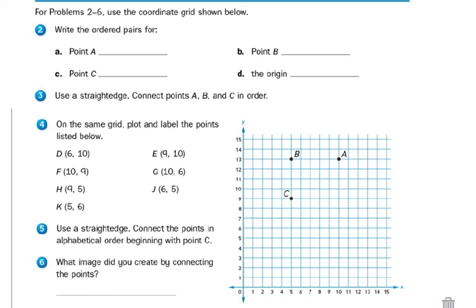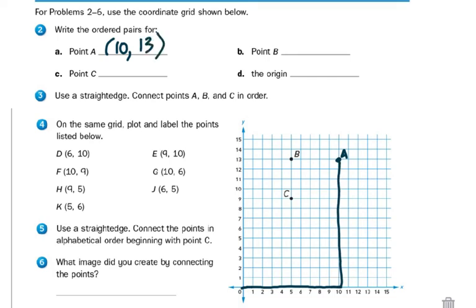Moving down the page, it says for problems 2 through 6, use the coordinate grid shown below. Write the ordered pair for point A. So here's point A. We're going to see how many it goes over. So it goes over 10. And then it goes up to 13.